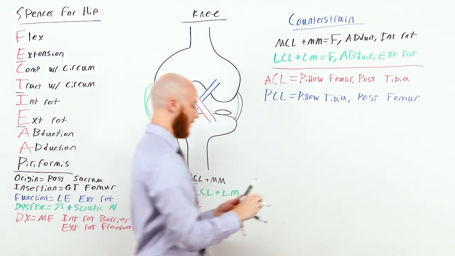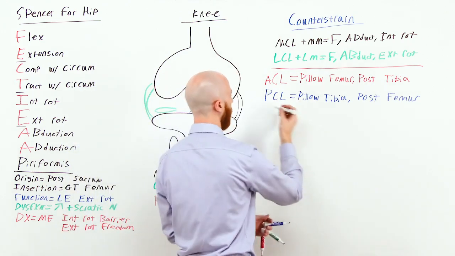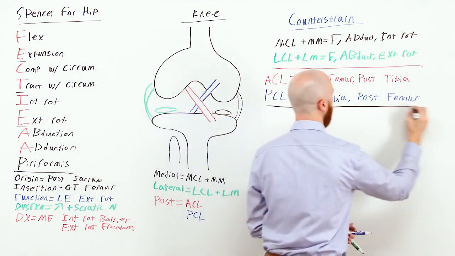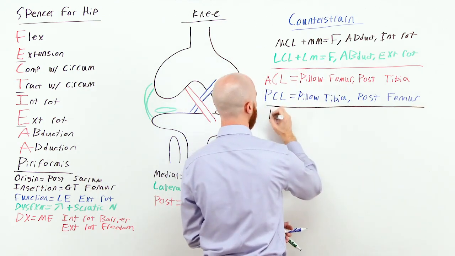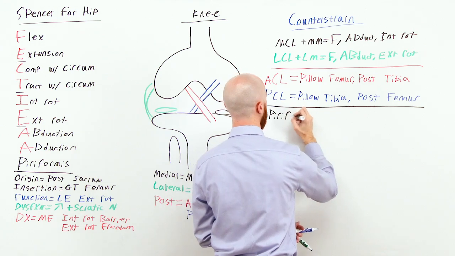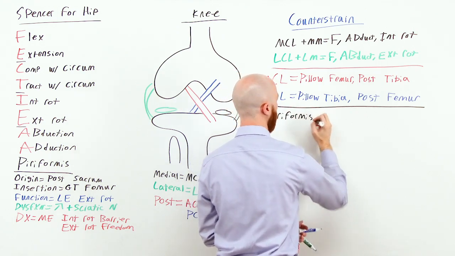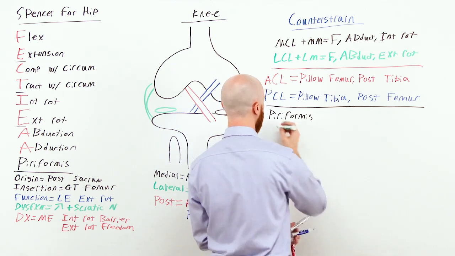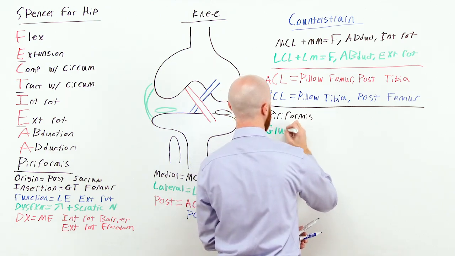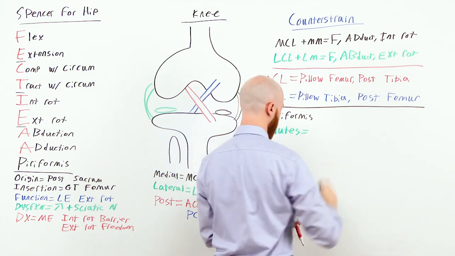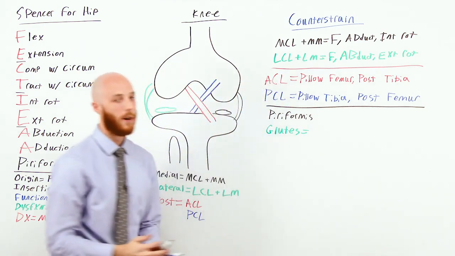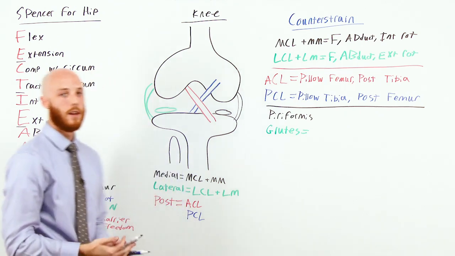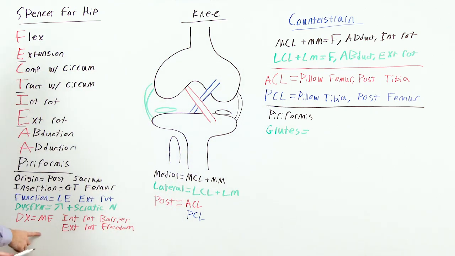So the next two that we're going to compare, we're going to talk about the piriformis and the glutes. So we already talked about one way to treat the piriformis, which could be muscle energy.